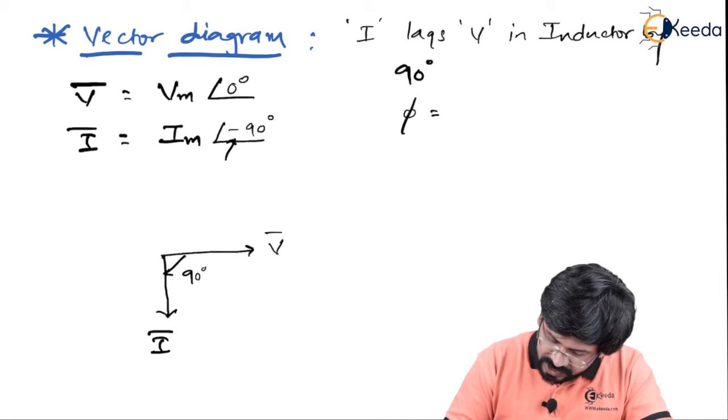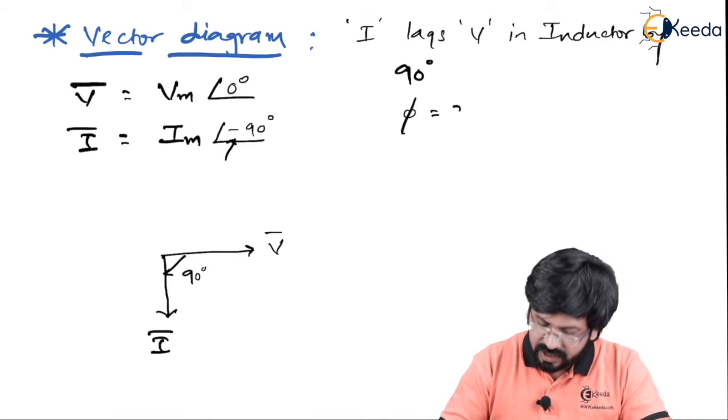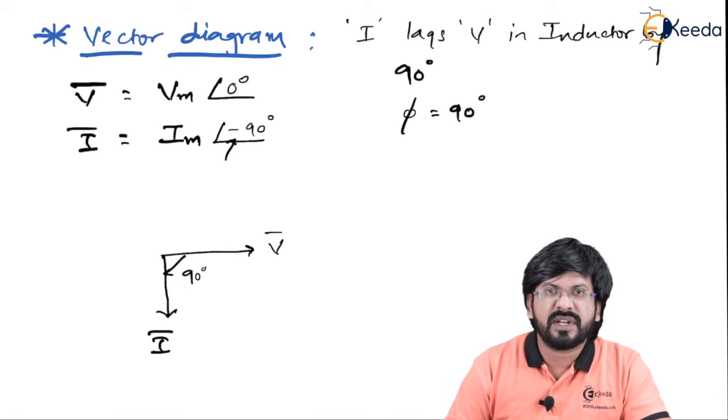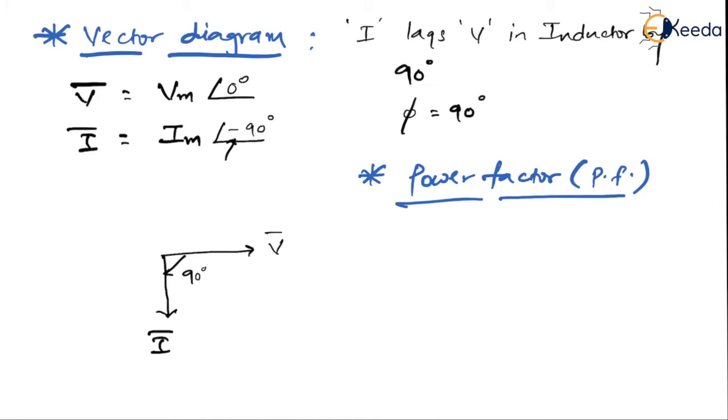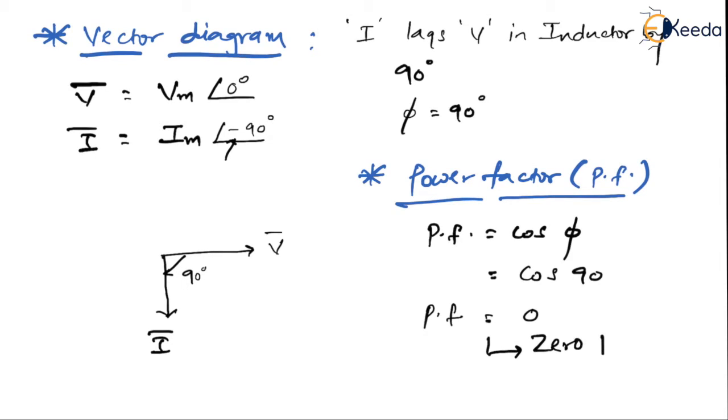In short, the phase angle, that is the phase difference between V and I, is equal to 90 degrees. After this we calculate the power factor. Power factor is given by cos phi, that is nothing but cos of 90, and cos of 90 is 0. This is called zero power factor.